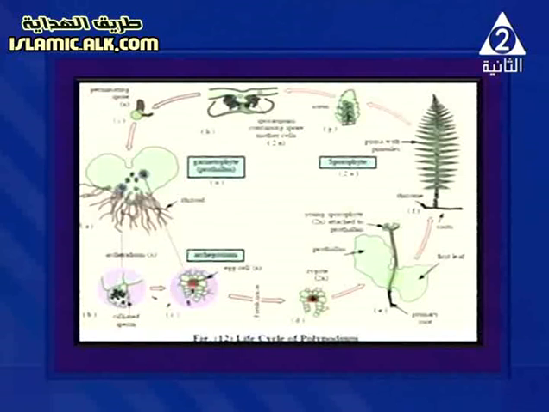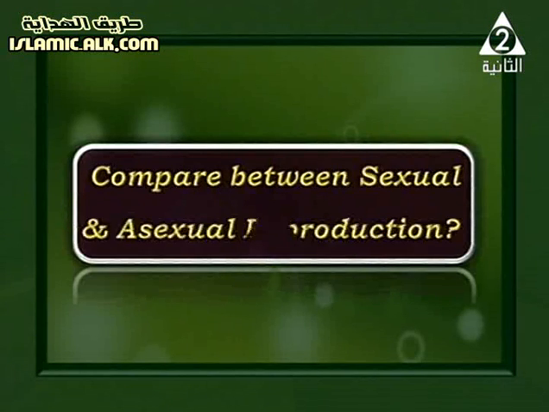So right now we studied two life cycles of alternation of generation. One of them is for the plant, which is polypodium, and the other was the plasmodium, or malaria parasite. Well, actually, we have some information about the alternation of generation.